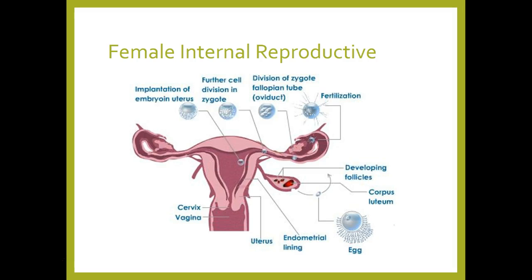The ovary is sensitive to follicle stimulating hormone and luteinizing hormone. The uterus is sensitive to estrogen and progesterone. Okay, so the ovary will produce estrogen and progesterone, and progesterone works on the uterus.